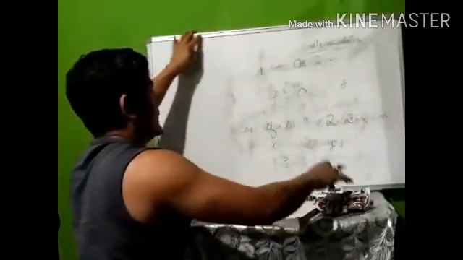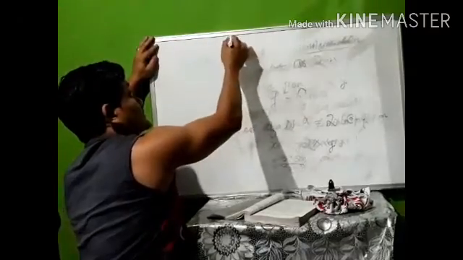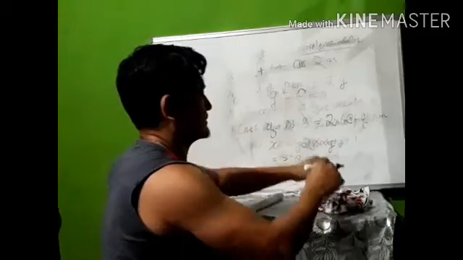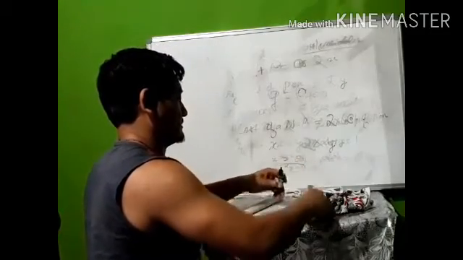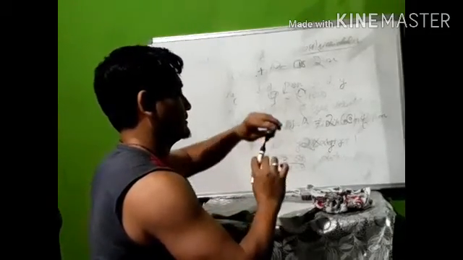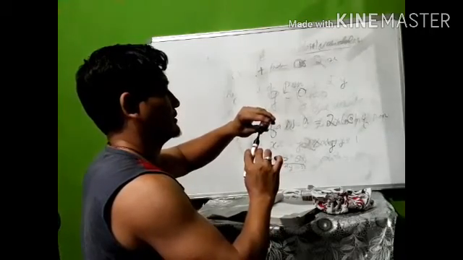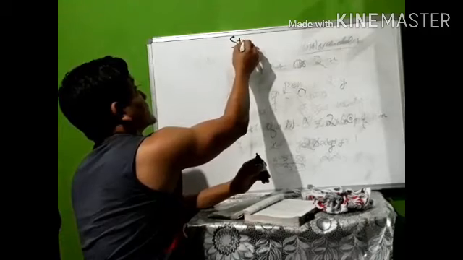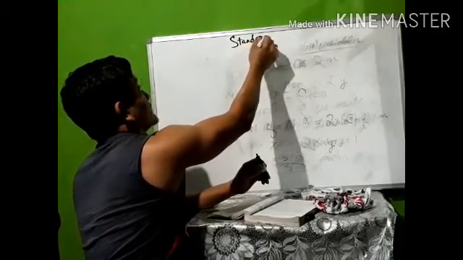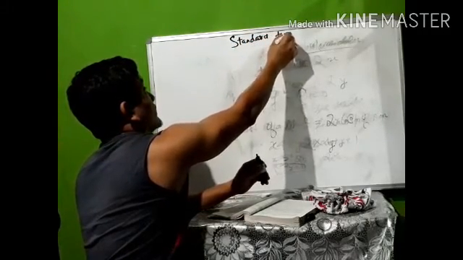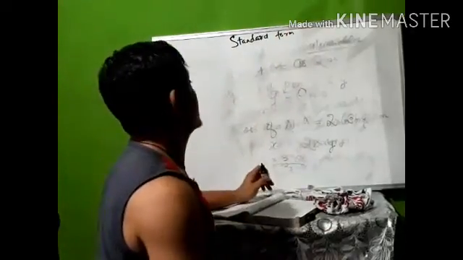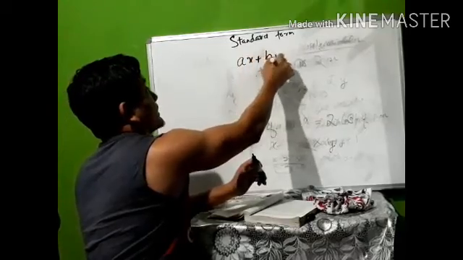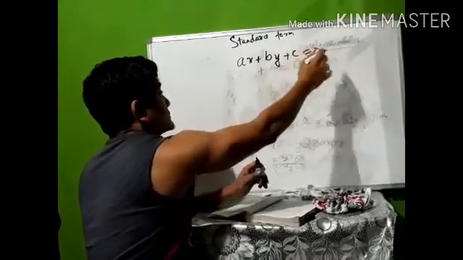Now I'm just showing you the standard form. I'll just write the standard form of linear equation in 2 variables: ax plus by plus c equals 0.